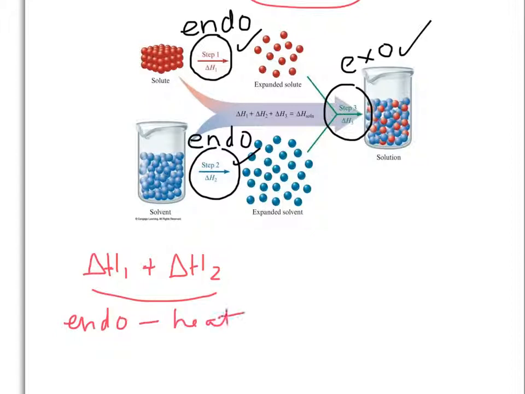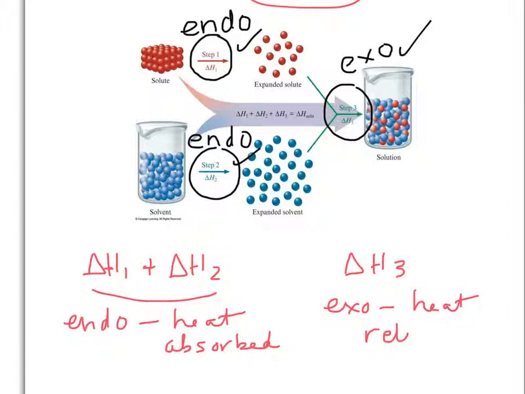This means that heat is going to be absorbed whenever the solute particles pull away from each other and the solvent particles pull away from each other. We also have the enthalpy change for the 3rd step, and this is exothermic. Heat is released because instead of pulling particles away from each other, we're allowing new attractions to form.